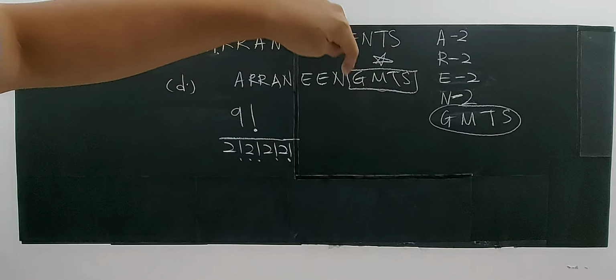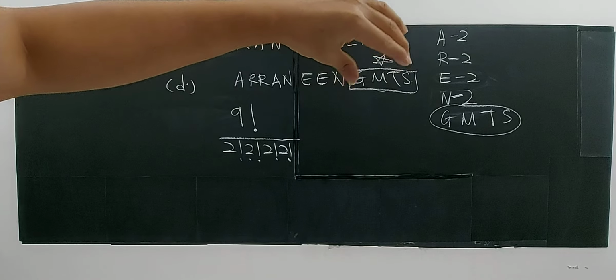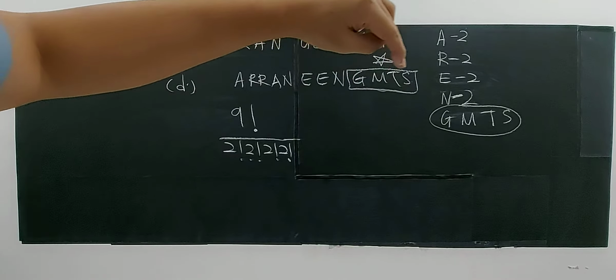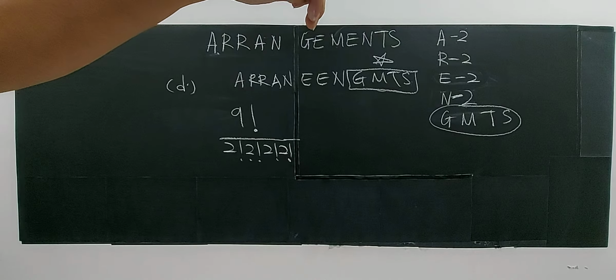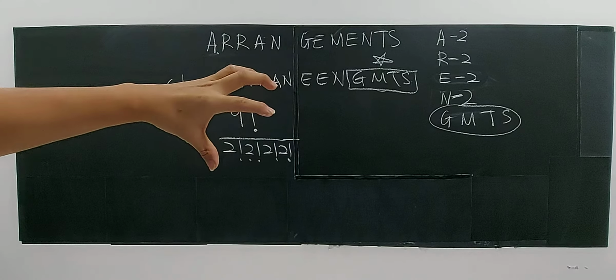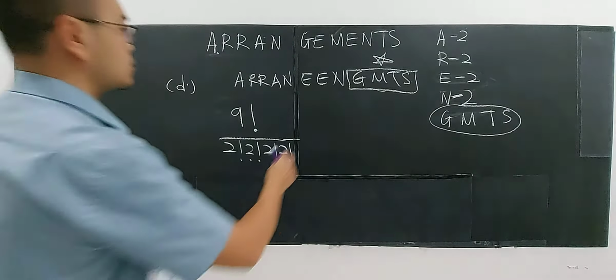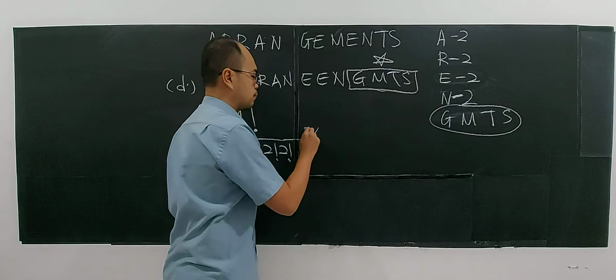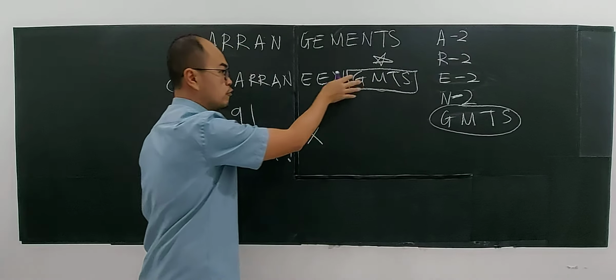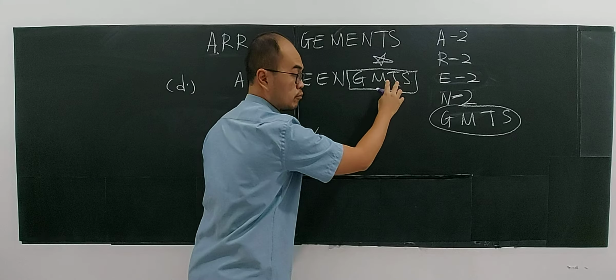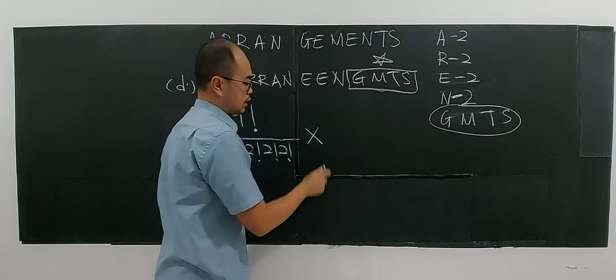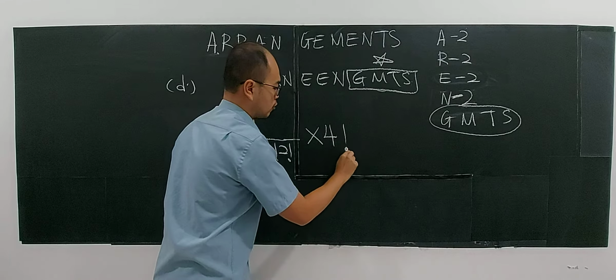Because why? If all of these letters are the same, for example, G, G, G, G, all is G, then we say yes, this is enough. But now the case is, these are 4 distinct objects. They are different, right? So I need to multiply, because even though they are moving together, among themselves they can be rearranged, right? So I should multiply with another 4 factorial.